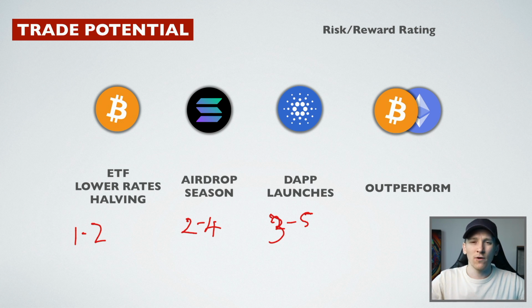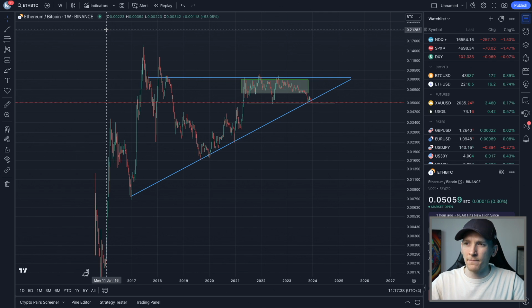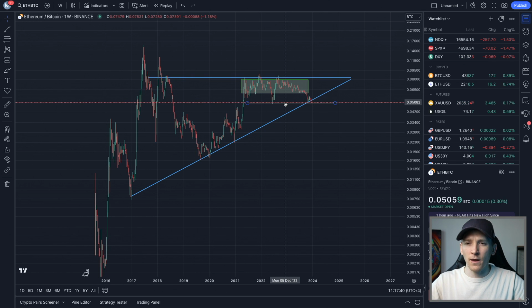Outperformance, Bitcoin versus ETH. The amount that this is going to move is definitely not as much, right? If we look at Bitcoin traded in ETH, so we're going to do that right here. Bitcoin traded in ETH, it doesn't move as much in terms of percentage terms, right? So we've had a big move here. People are saying, well, ETH is underperforming Bitcoin at this part of the cycle.